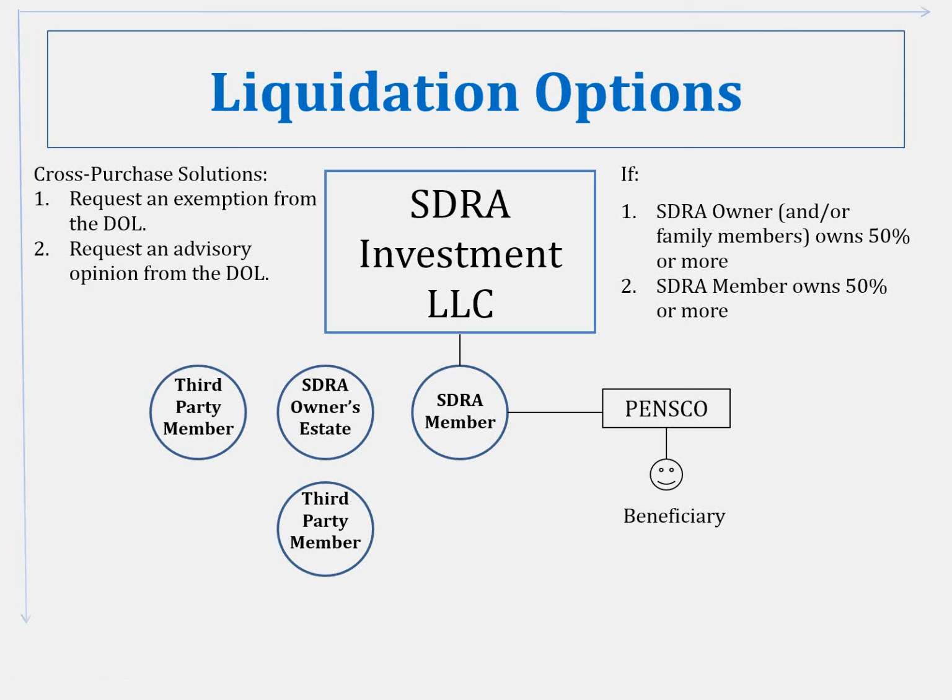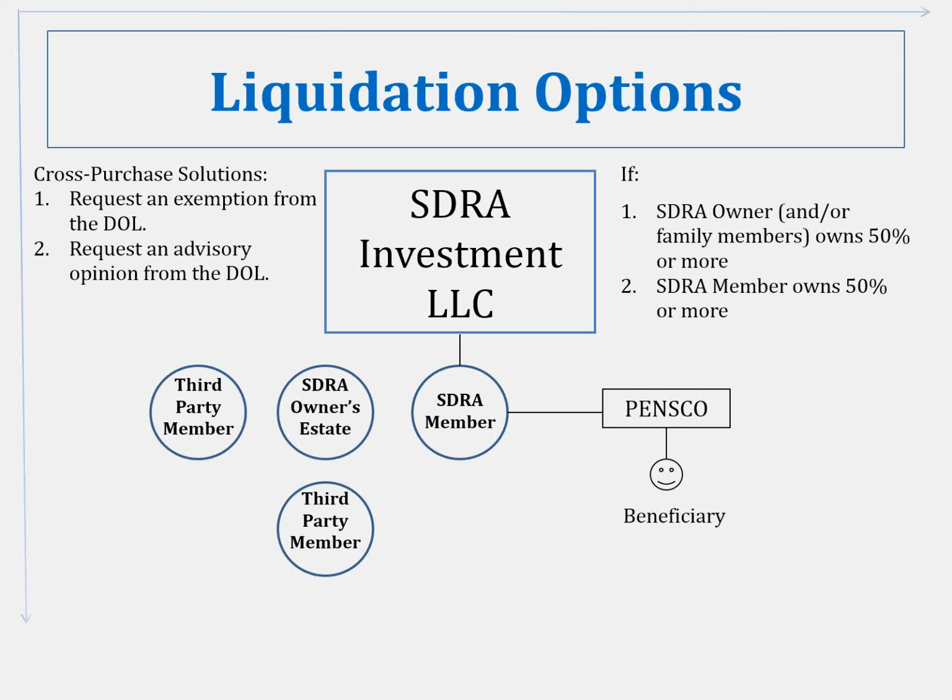Remember, that's the Sullivan case, because they have that footnote, and there are some other cases that have sort of followed the same language but not actually held that. So, here we are. We've got the self-directed retirement account. It owns an interest in the LLC, 50% or more, and we need to get out. So we might ask the Department of Labor either for an exemption or for an advisory opinion from the DOL so that they can tell us.